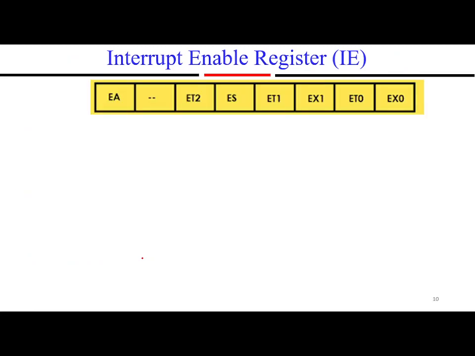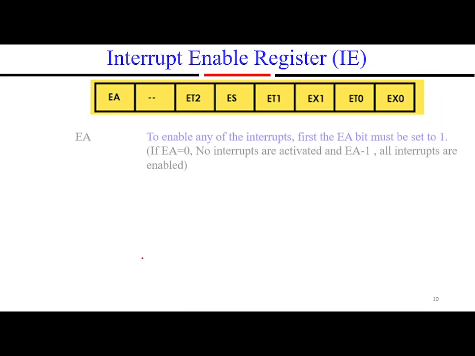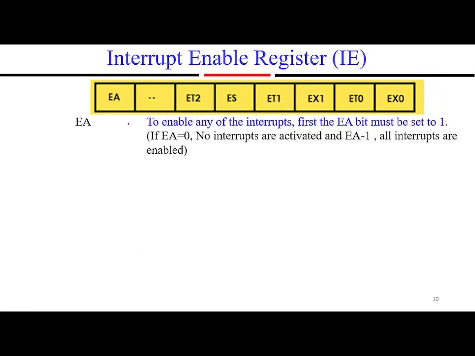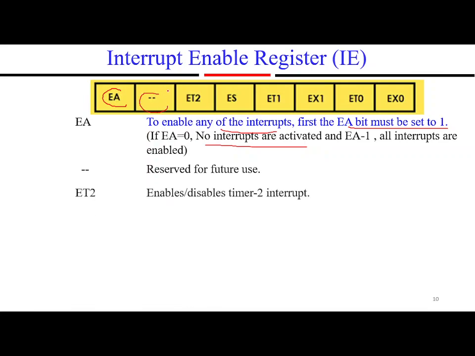This is the format of the IE register. It is 8 bit. The first bit, that is the 7th bit, is EA. It will enable any of the interrupts. So EA must be set to 1. If it is 0, no interrupt can be activated. So we must keep EA equal to 1 to enable all the interrupts. Then this bit is reserved for future use.